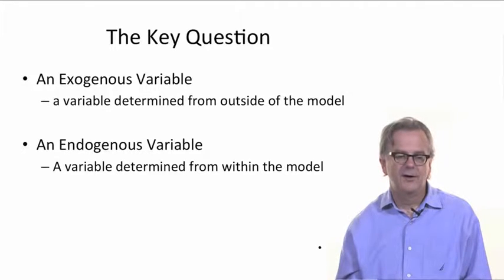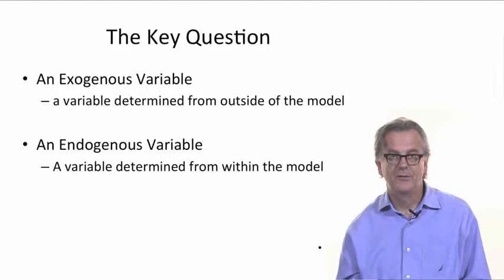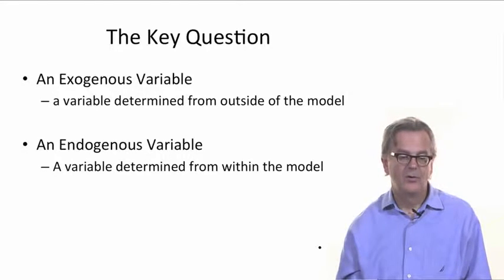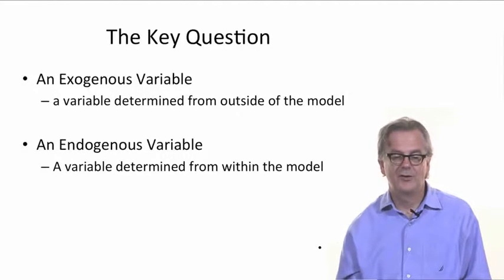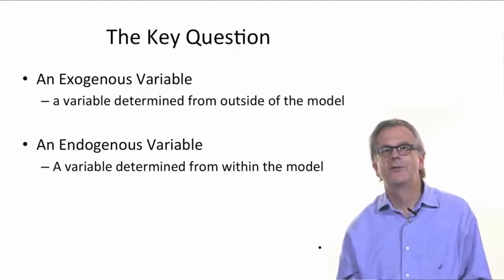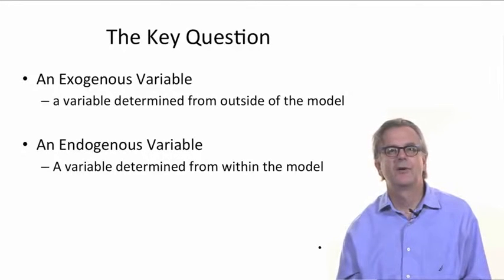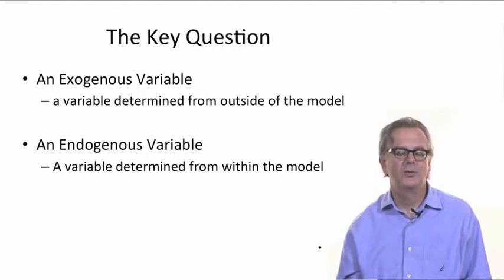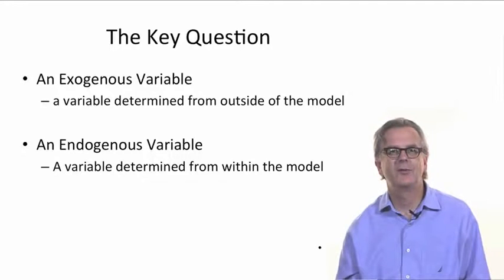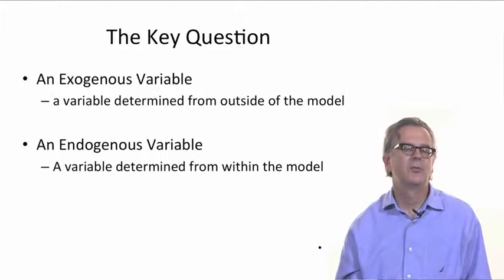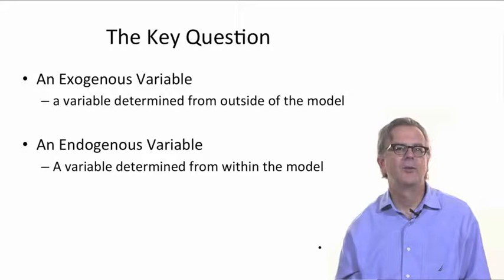I want to contrast the notion of an exogenous variable, which we've just been talking about, with what is known as an endogenous variable. An endogenous variable is determined from within the model. In other words, the model tells us what factors influence the value of the endogenous variable. The model can be used to predict what value an endogenous variable might take.